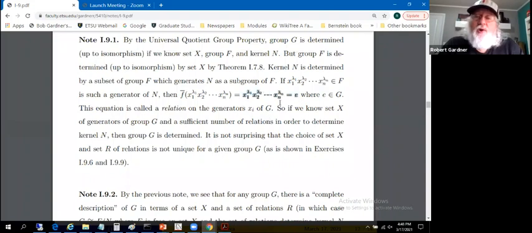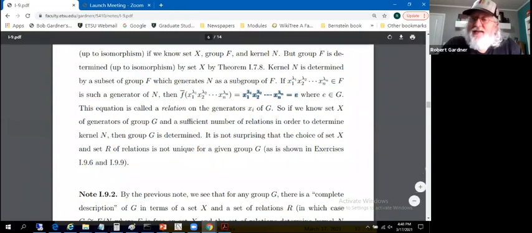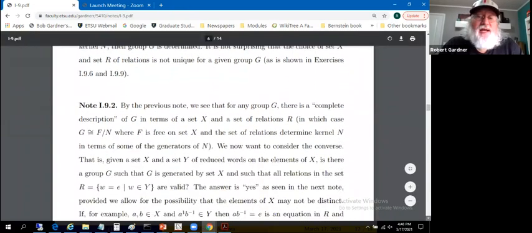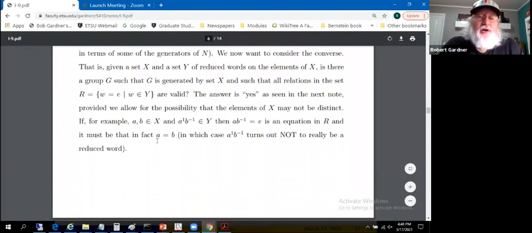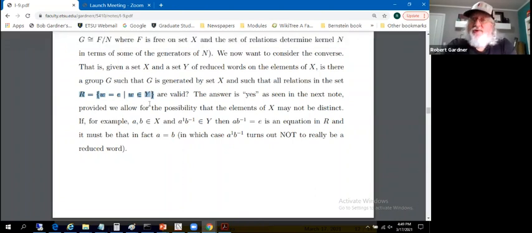We had the words set equal to the identity. So that's how these relations come to us in terms of determining that normal subgroup capital N. So the relations are of the form word equals the identity. And we'll let words range over set capital Y. So these are a collection of words, products of elements of set X. And it's understood we'll set those equal to the identity to produce the relations.